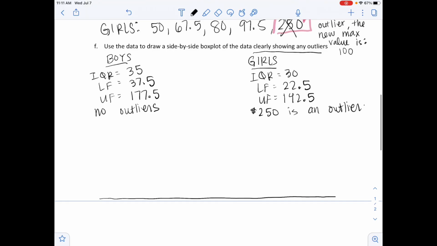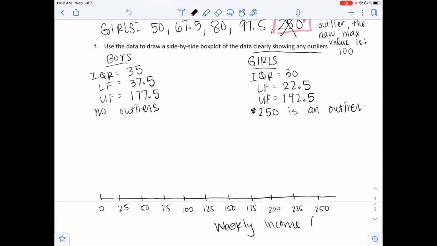So I'm going to go ahead and count by 25s. I'm going to start at 0 and count by 25s, and again, going out to 250, since that was our largest value that we have. Labeling this as weekly income, and it is in dollars.